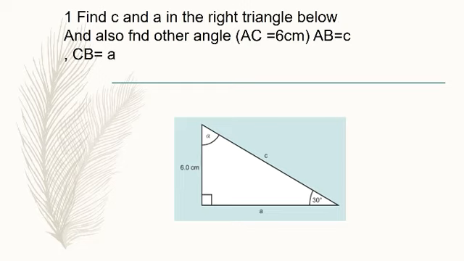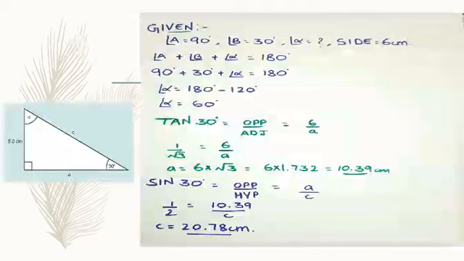AC is 6 centimeter, AB is C side, CB is A. That means in this right angle, opposite side is 6 centimeter and reference angle is 30 degree. We have to find out other angle, that is alpha, and other two sides, that is A side and the C side. So what is all given?